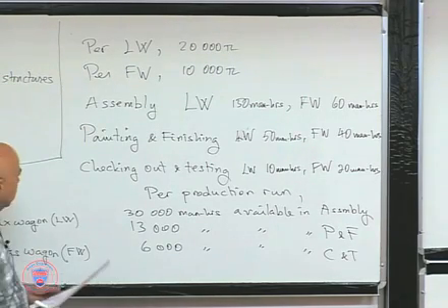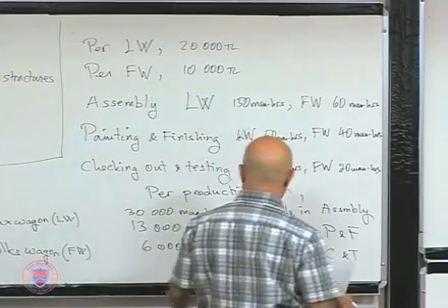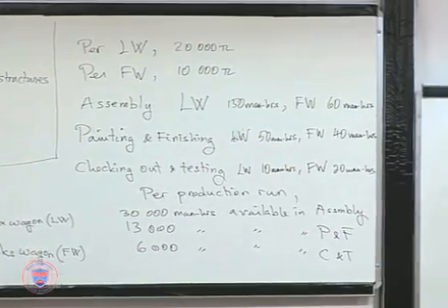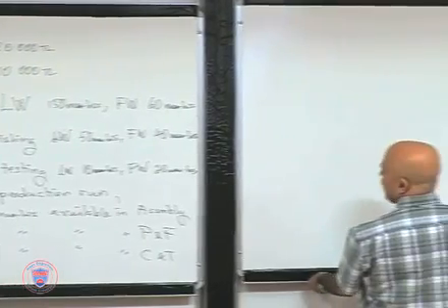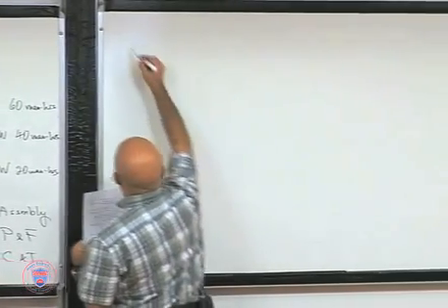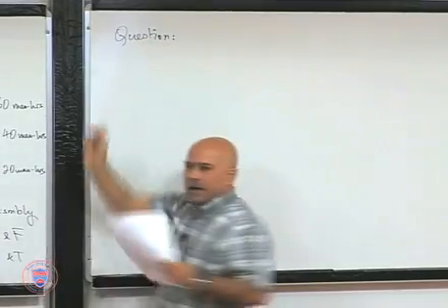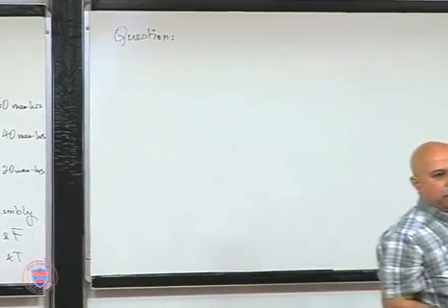So, the main question is, how many of each car type should we be producing per production run to maximize the profit while, of course, obeying all these conditions imposed on us? Okay?